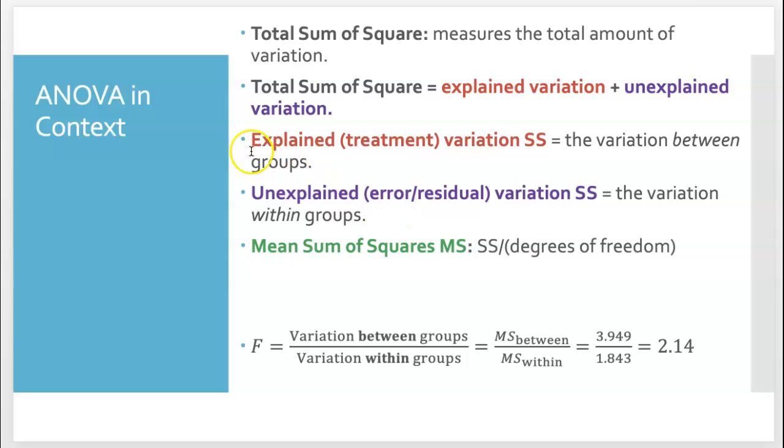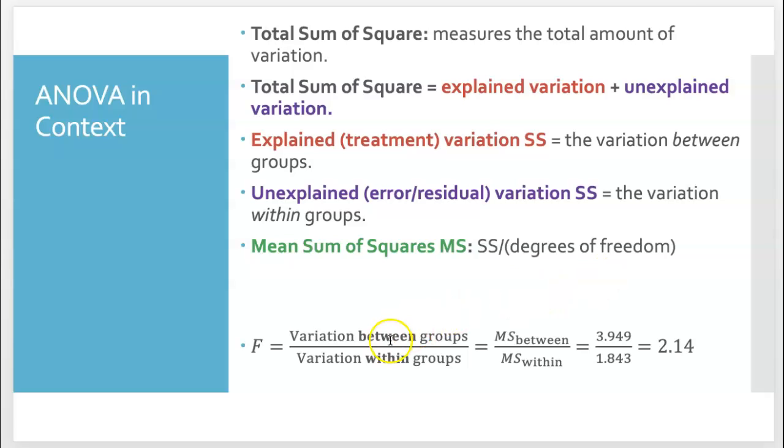Then we want to compare these two variations, but they're not on the same scale, so we need to standardize them. What we do is take the mean sum of squares: we divide each sum of squares by its appropriate degrees of freedom.